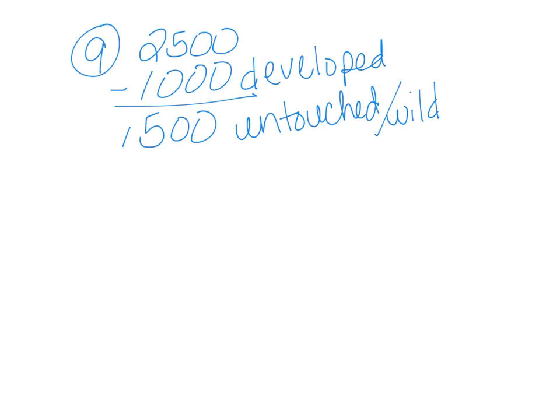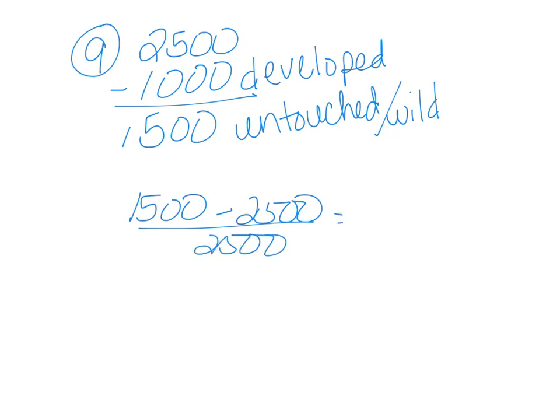So we have untouched wild as 1,500 left. And so our ending number is 1,500 hectares. Our starting number is 2,500 over 2,500, and that gives us 1,000 divided by 2,500. And so we are going to divide now.